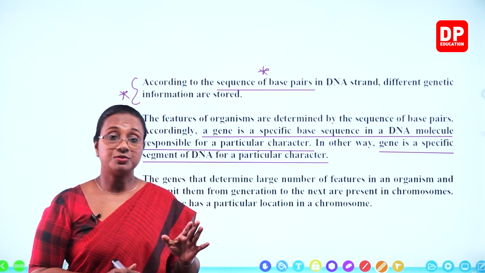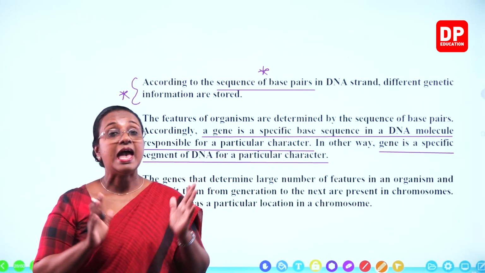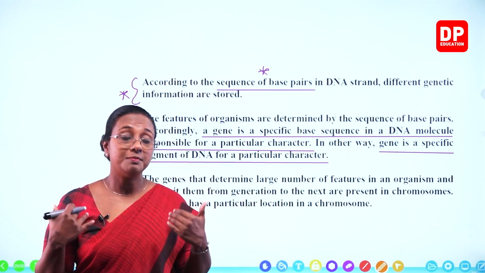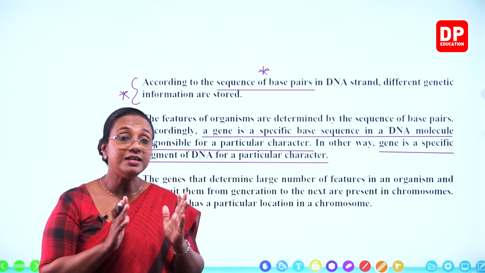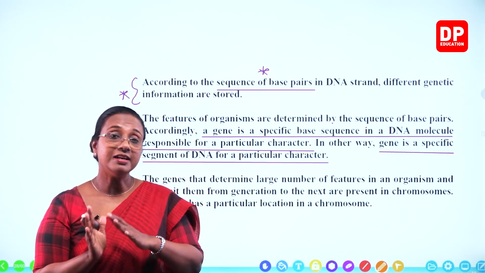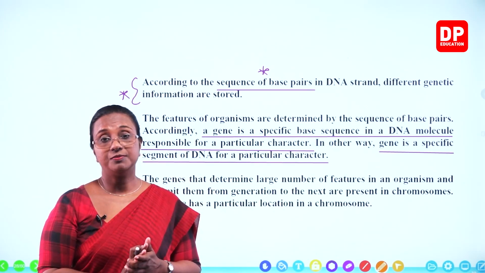And these chromosomes exist in pairs. In a human cell, all the cells in our body have 23 pairs of chromosomes. So you can relate it now. Is that clear to you all?